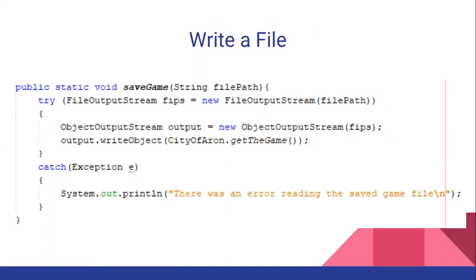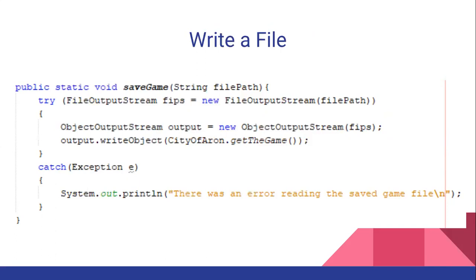The file output stream is necessary to create the object output stream in the line below. And this object output stream can write the object, the name that is city of Aaron dot get game.